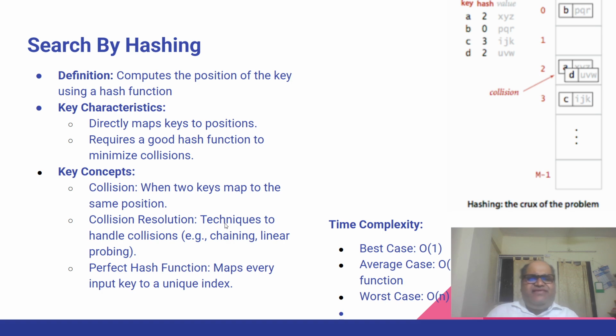This problem, where more than one data point maps to the same index, is called collision, and there are collision redressal mechanisms.